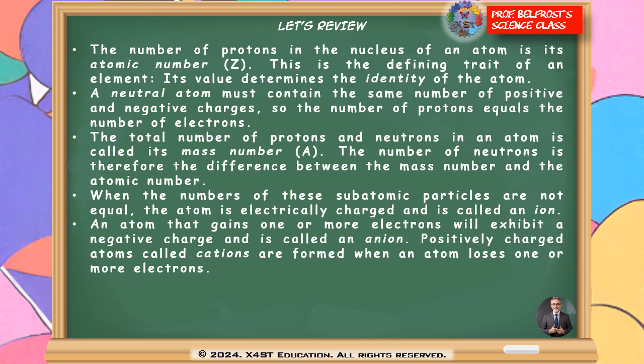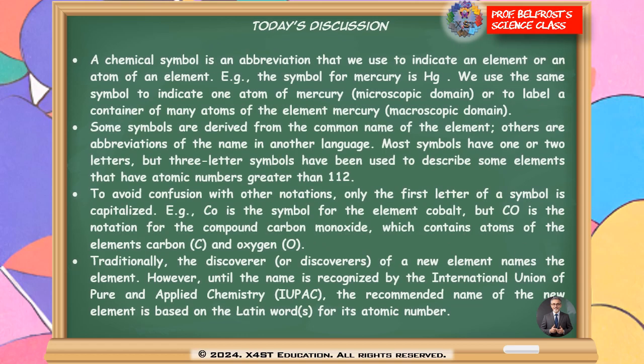An atom that gains one or more electrons or loses one or more electrons will exhibit charge. If you gain electrons, then you exhibit a negative charge and it is called an anion. And if you lose electrons, then it will be positively charged and form what's called a cation. Okay, done for the review, and let's start today's lesson.